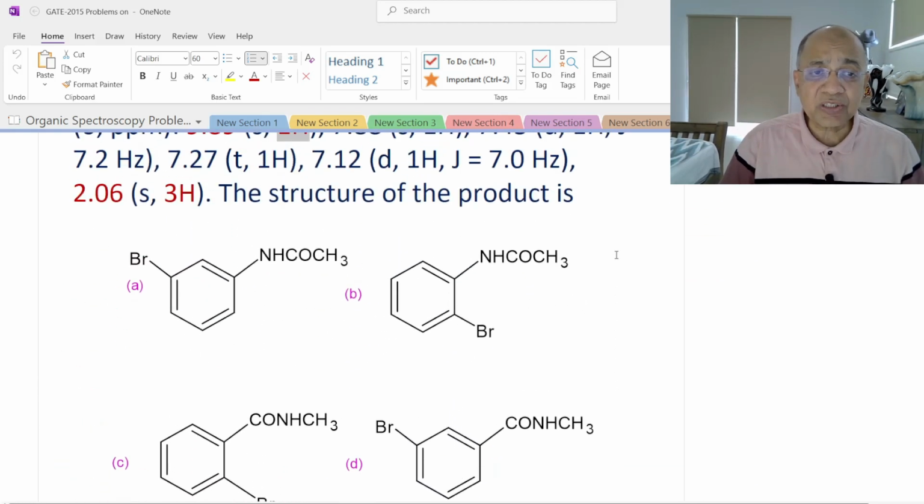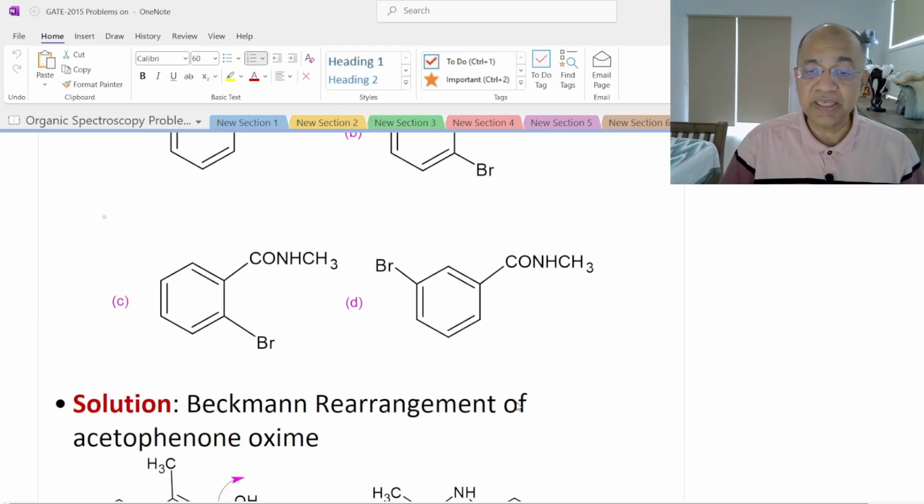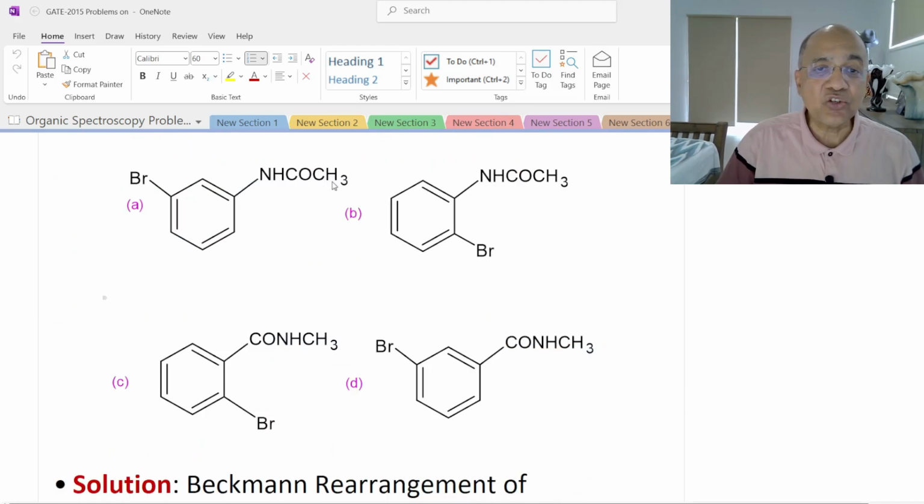We first look at this 2.06 singlet of 3 protons, which is for a methyl group. This methyl singlet is undoubtedly for CH3CONH, CH3 adjacent to C=O, that is a singlet.